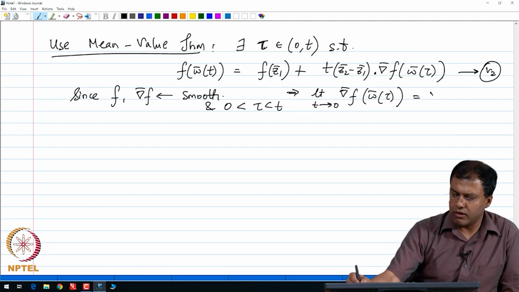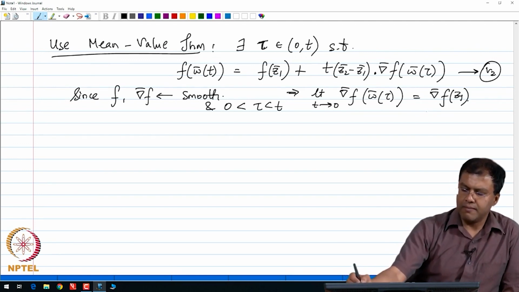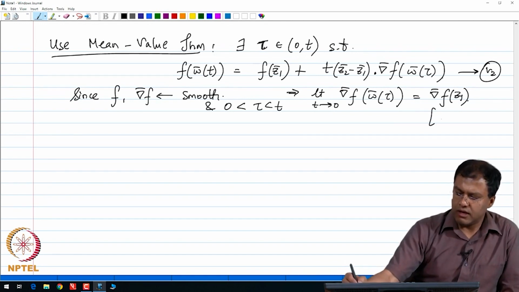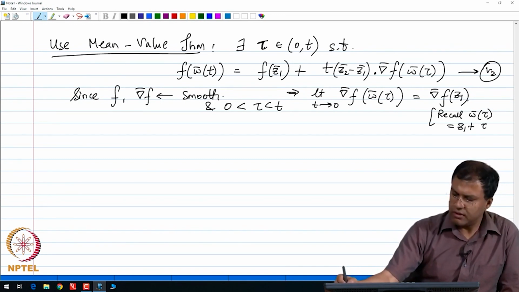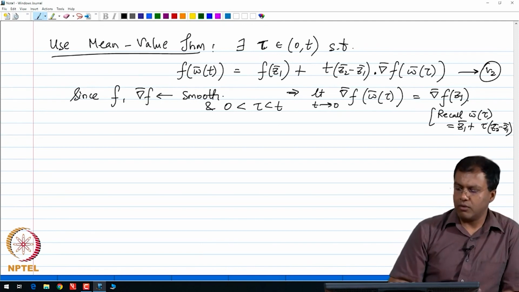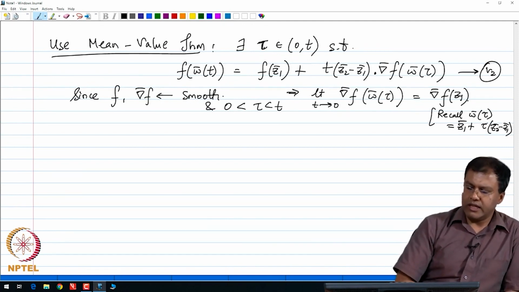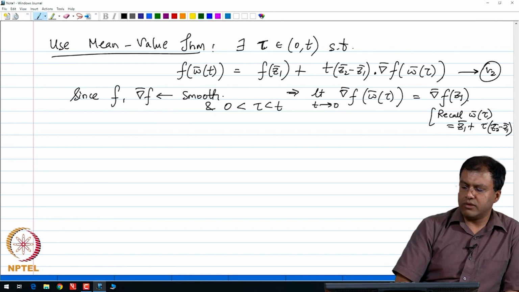We will see that this is also equal to grad of f of z1, okay, because recall that omega bar of tau is z1 plus tau times (z2 minus z1). So, that was what my straight line omega bar tau was. Okay. So, in the limit my gradient reduces to the following.